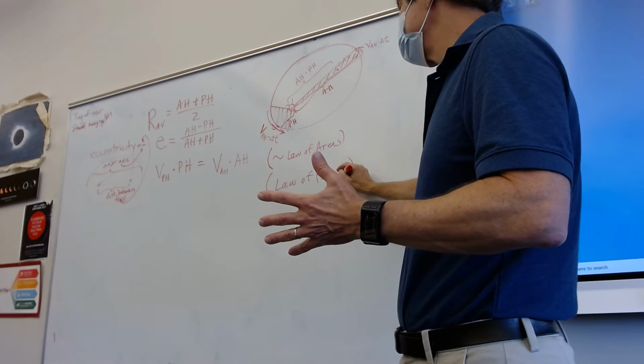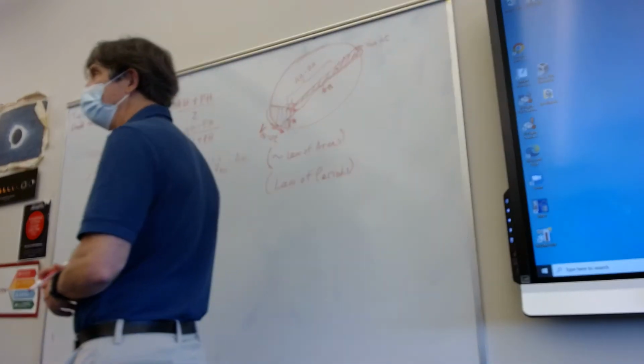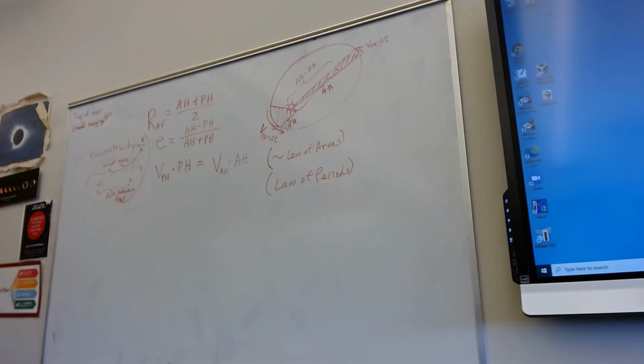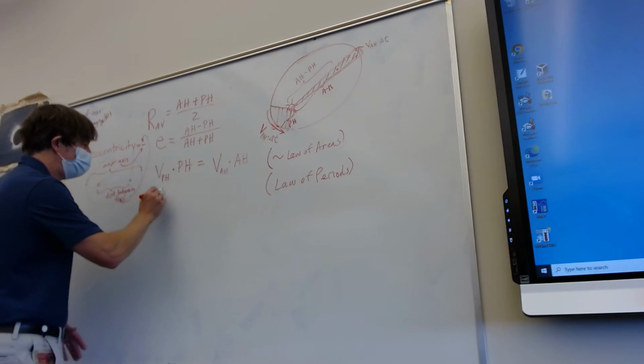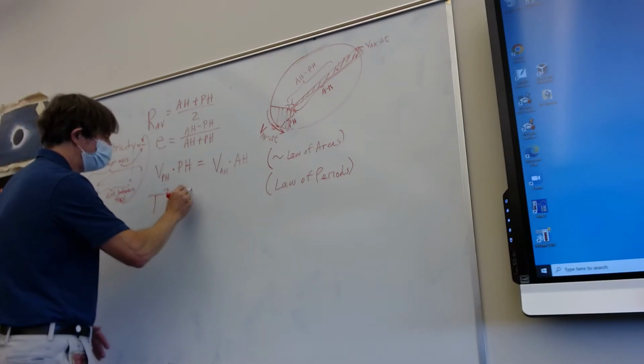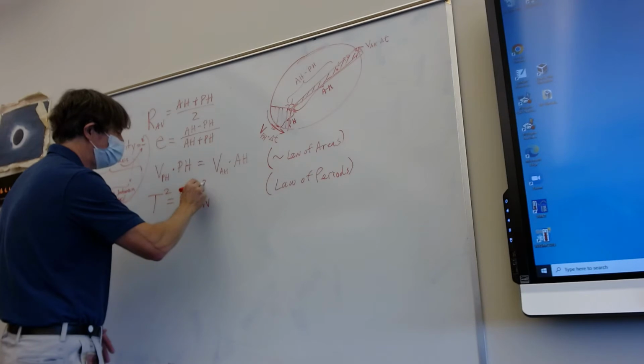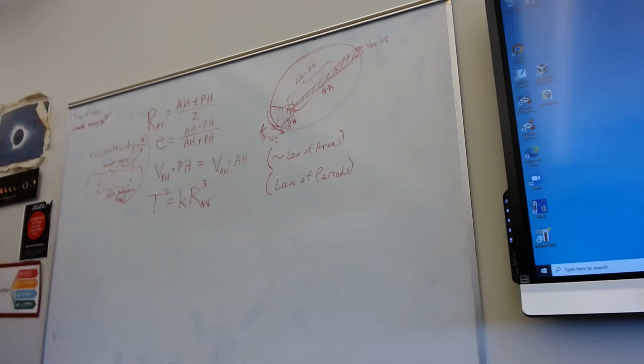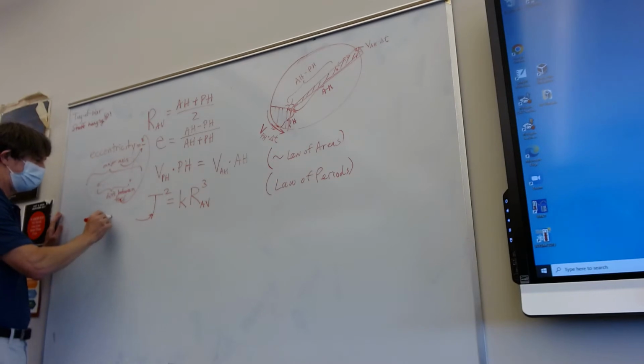And the law of periods is this algebraic truth that Kepler empirically found by staring at some numbers, figuring out the pattern, and deciding to use algebra to model it. So here it is: T squared equals a constant times r average cubed. I will elaborate. We will practice. We will get good at it. Okay, so T means what? The period. What do we mean by the period of a planet?